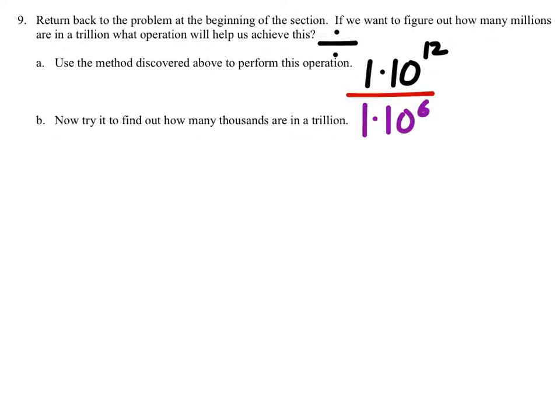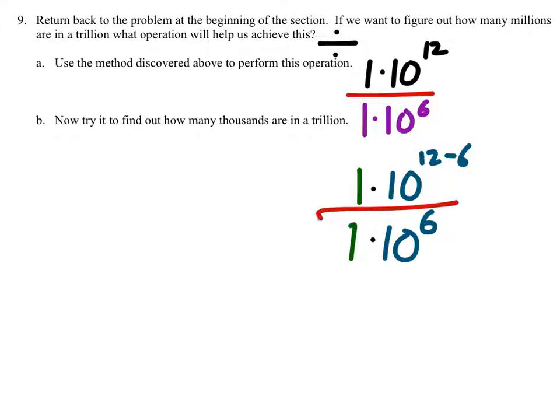So using this same technique, we'd have 1 divided by 1, which is 1. Then we got base 10s. That's 10 to the power of 12 minus 6. So 1 times 10 to the 6th. That's what we got on that problem as well.